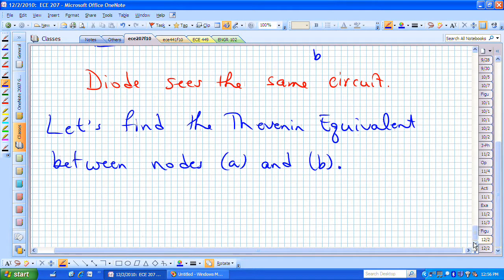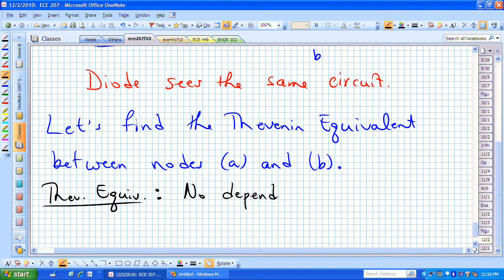Let's now write that down. In the Thevenin equivalent that we are trying to find, we can see that in the circuit itself there are no dependent sources.